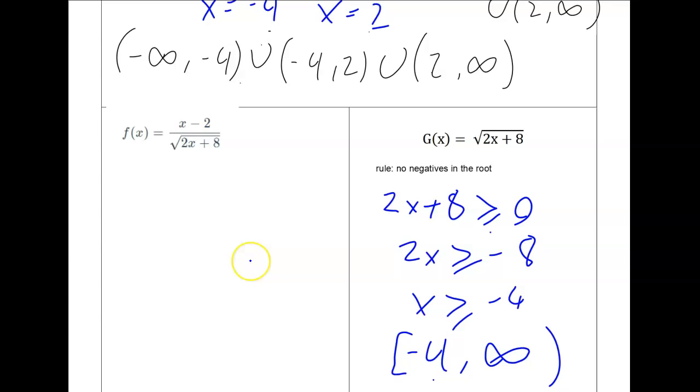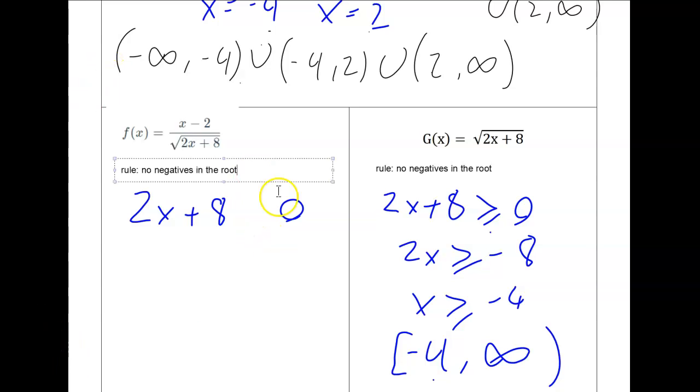At first glance, f of x looks to be the same. It looks like if I'm following the same rule, 2x plus 8 greater than or equal to 0. But this is actually wrong.